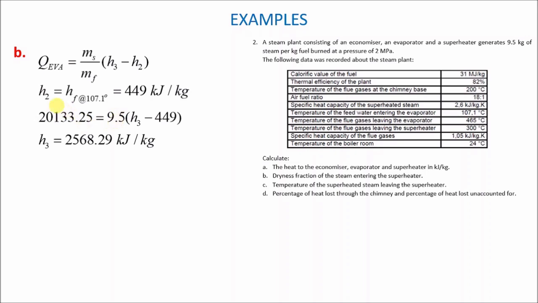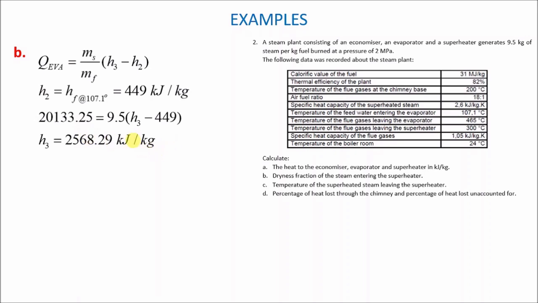Replacing every letter with its number, the only thing we do not know is H3, and we can then solve for H3. Remember Q EVA, we found it in the previous slide to be 20,133.25. So you plug it in and solve for H3.